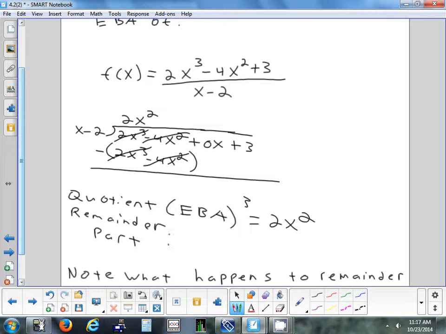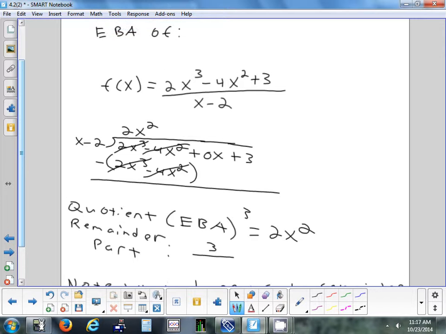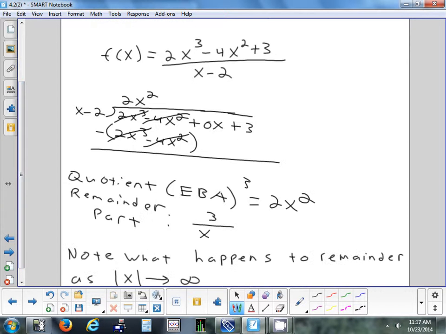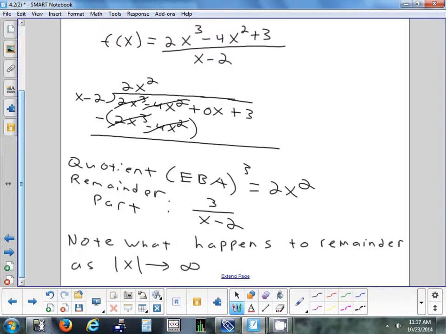And the remainder part is 3 over my original denominator, x minus 2. Now I want to look, what happens to the remainder part when x starts to get really big? What number does this fraction approach as x starts to get real big?